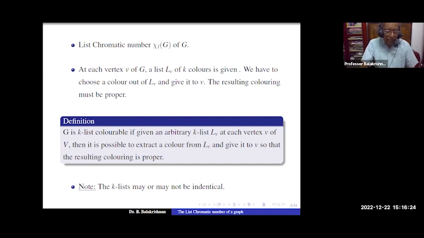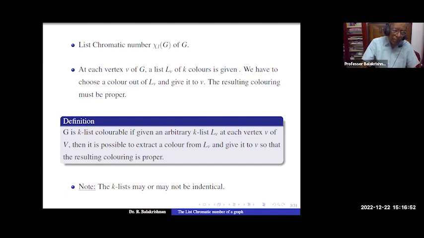You attach a k-list of colors at each vertex. Now you have to pull out one color from this list and give it to that particular vertex. You color the vertex by the chosen color. Well, your aim is to get ultimately a proper coloring for the graph. And what is the minimum size of the list that you require? That is the listochromatic number of the graph.